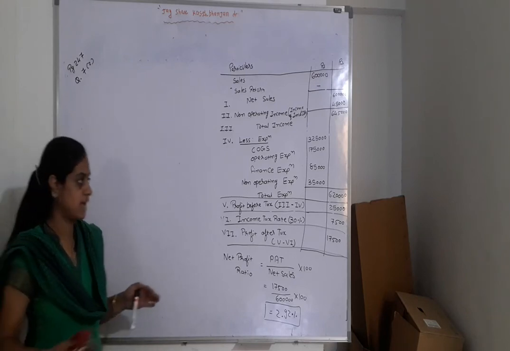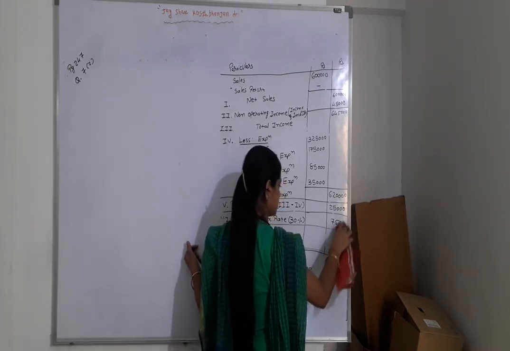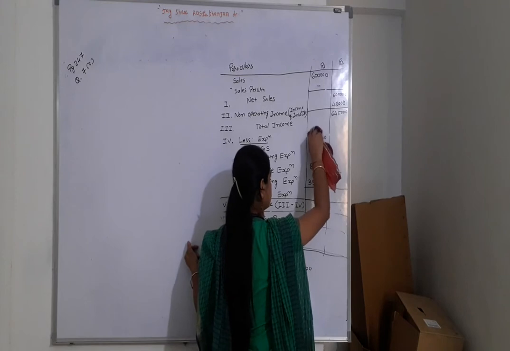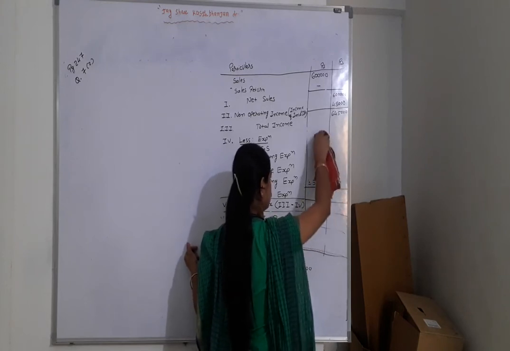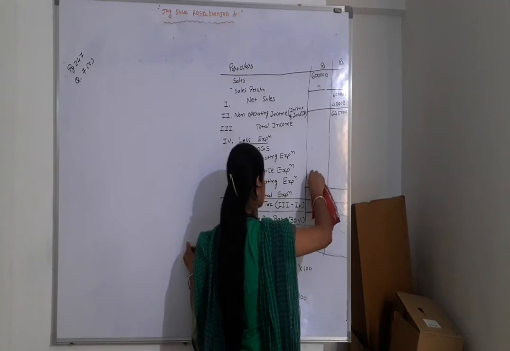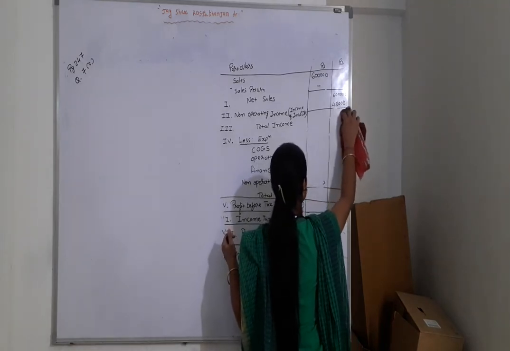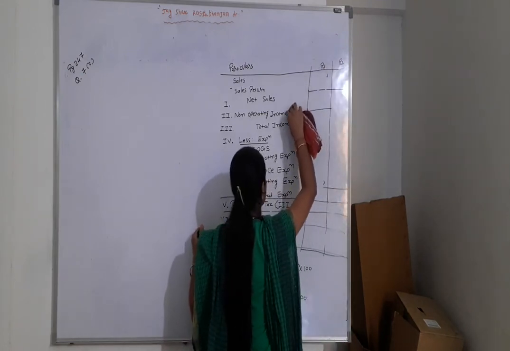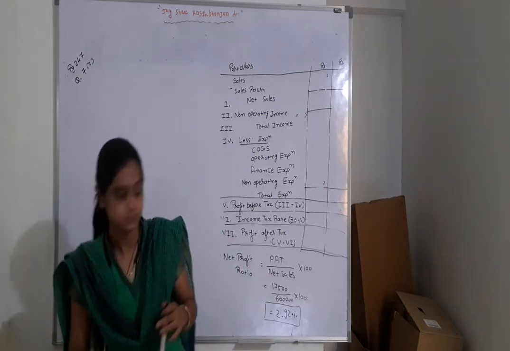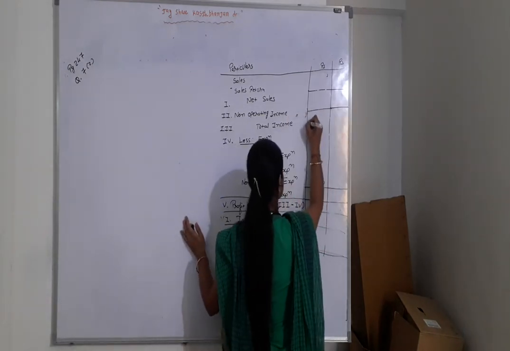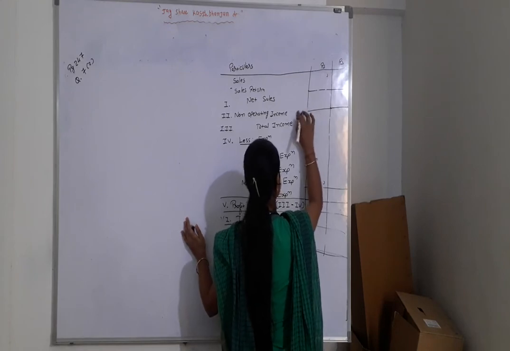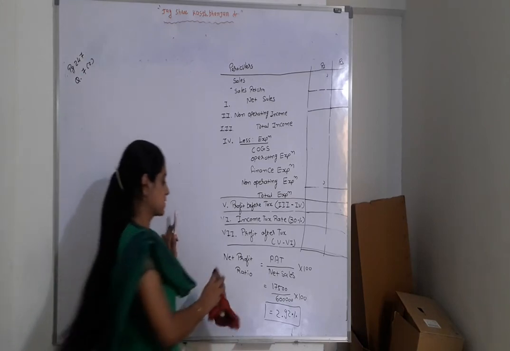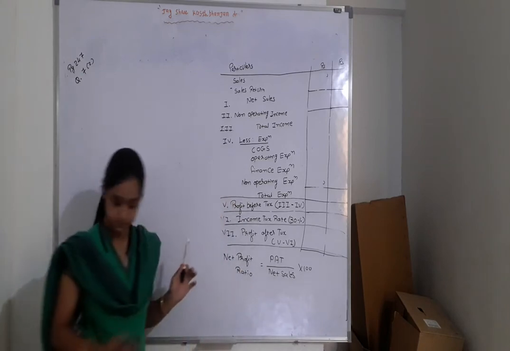So we'll directly apply the amounts. Okay, see. First of all, sales. Sales is 39 lakh.